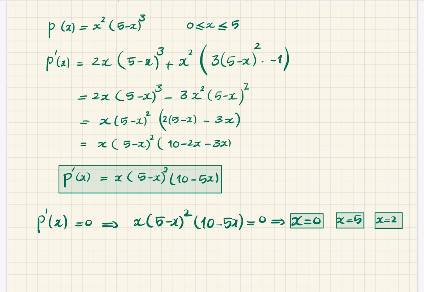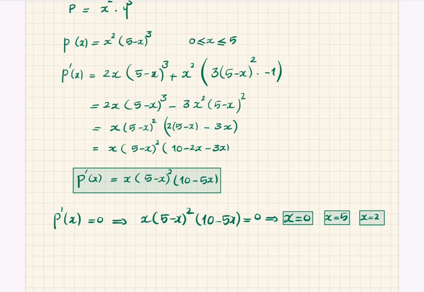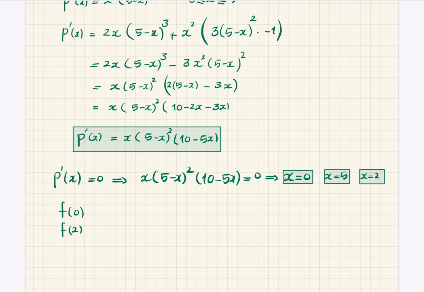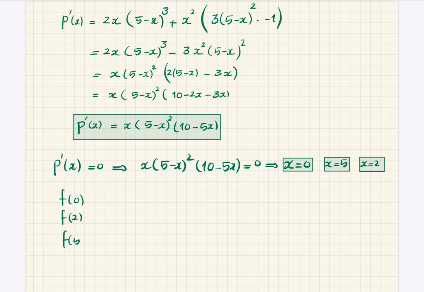Okay, so don't think that you have to calculate a lot. You have to calculate 0 and 5. This is 0 and 5, so there are 3 numbers we have to calculate. So P of 0, P of 2, and P of 5.